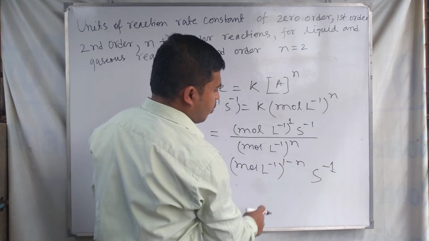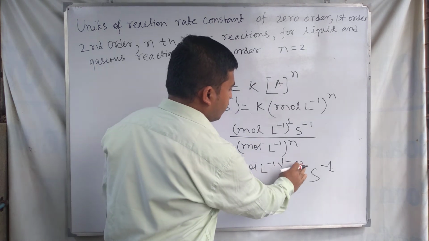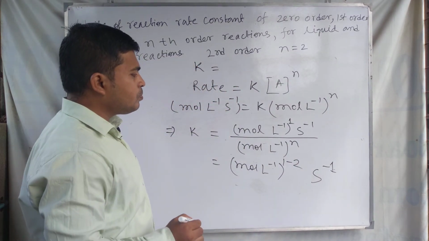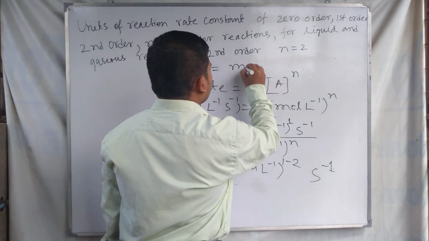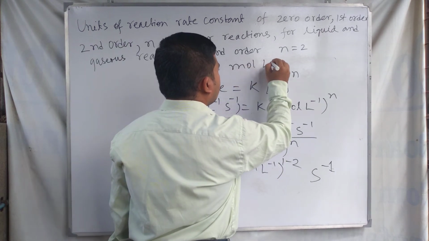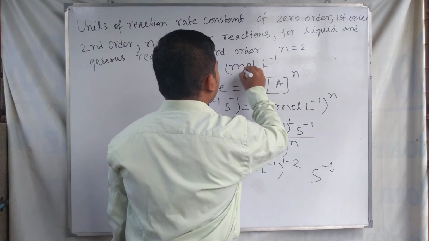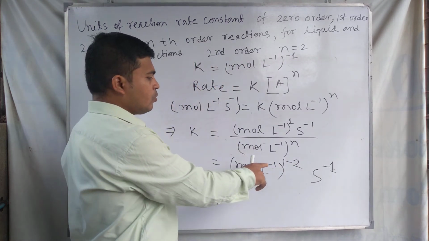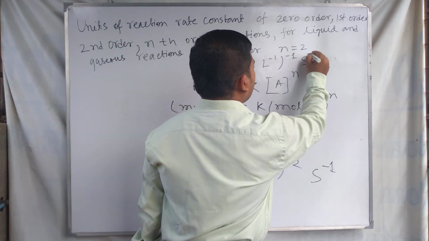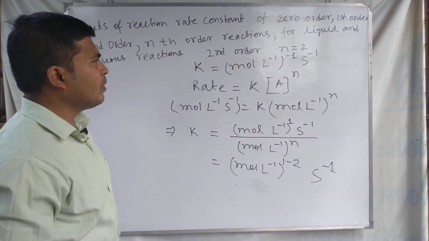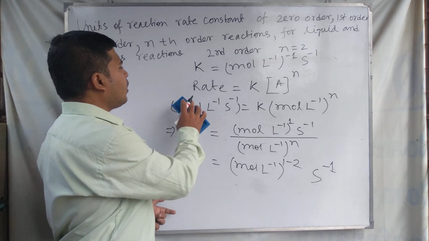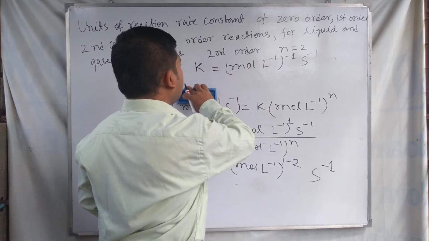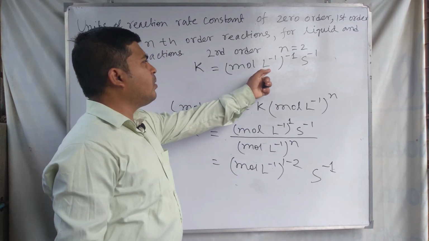Here n equal to 2, the unit becomes mole liter inverse to the power minus 1, because 1 minus 2 means minus 1, and second to the power minus 1.